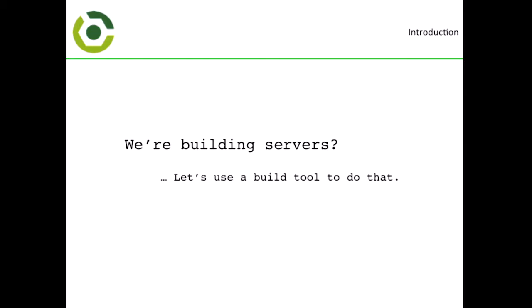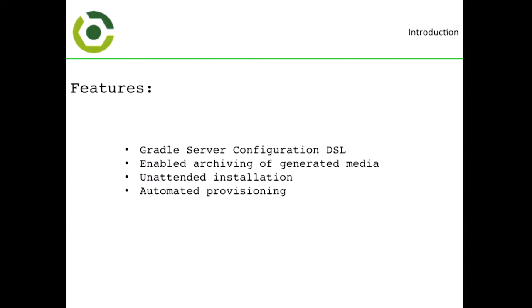So we'll talk about some of the features and specifics. The plugin provides a nice DSL within your build script for determining what a server should look like and all of its configuration and attributes, and also destination type stuff, like where your server should run, even though that's optional.